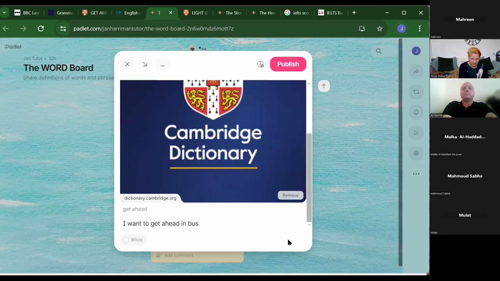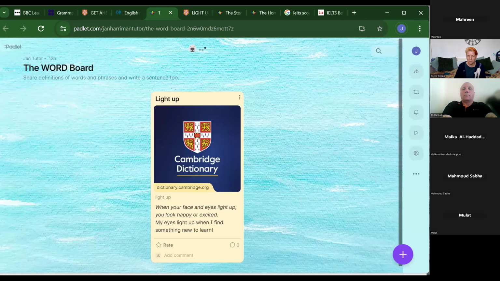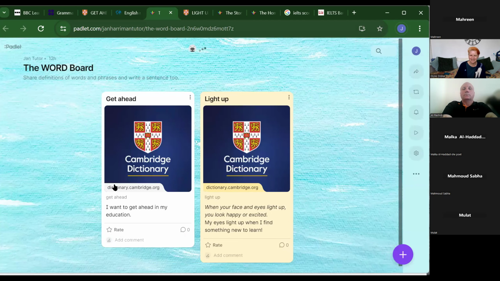Or, how about even better, in my education. Even better. There we go. And as soon as I hit publish, there it goes. There's another word.